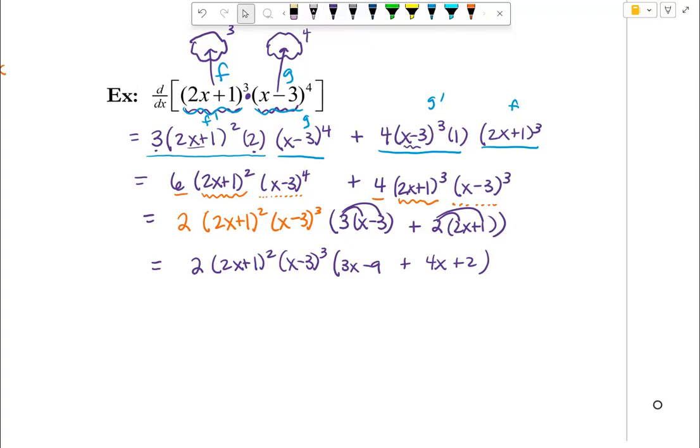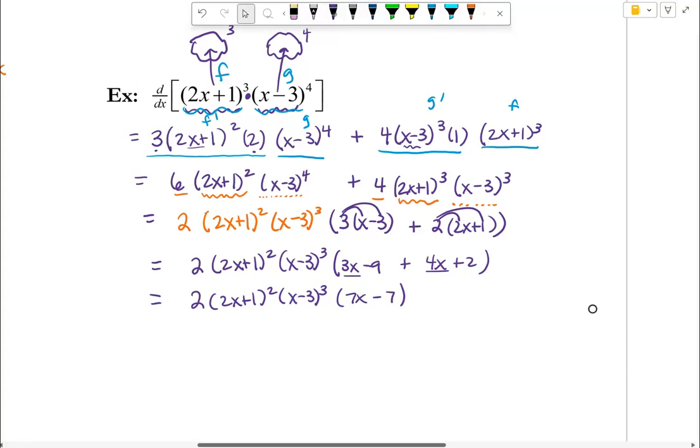And then I could combine my like terms a little bit more. So I'm keeping my GCF. When I combine these like terms, I get 7x minus 7. Oh man, there's one last thing we could do here. From 7x minus 7, we could pull out a GCF of 7. So that 7 can pop out and multiply with the 2.